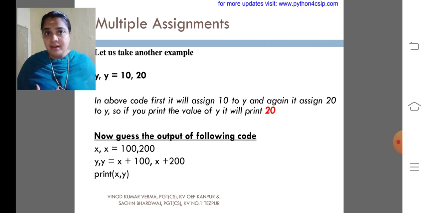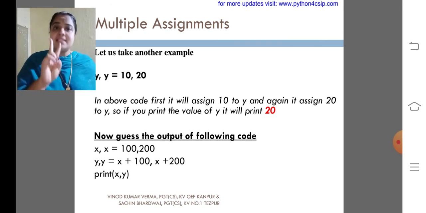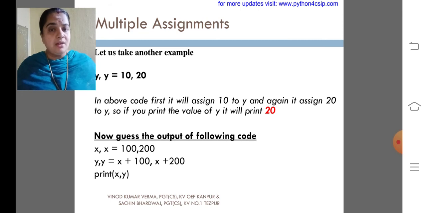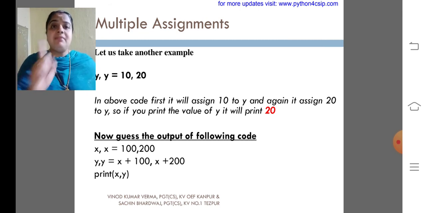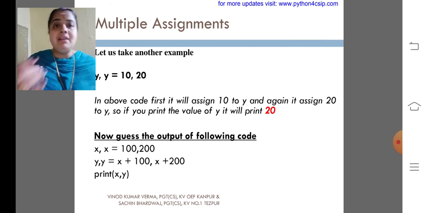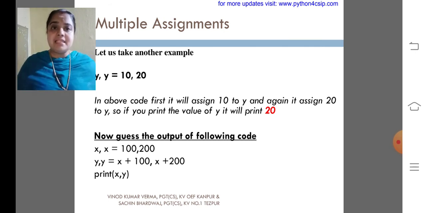My dear children, once again I am repeating. Here I am using the same variable, Y, with different values, 10 and 20. 10 will be assigned first to Y, then 20. What is the last assigned value? 20. So when we print the value, you will get only 20.